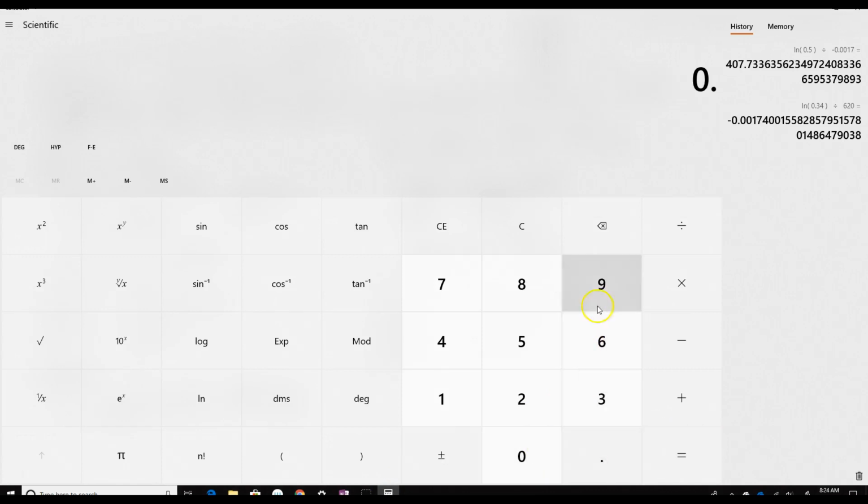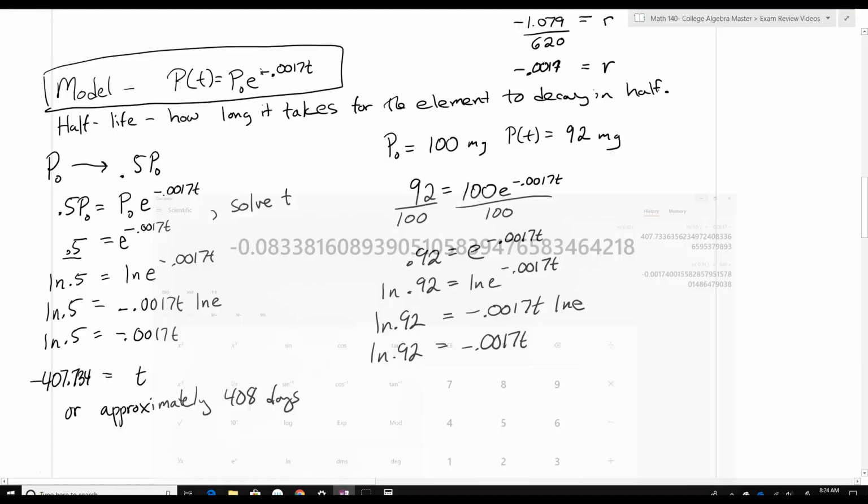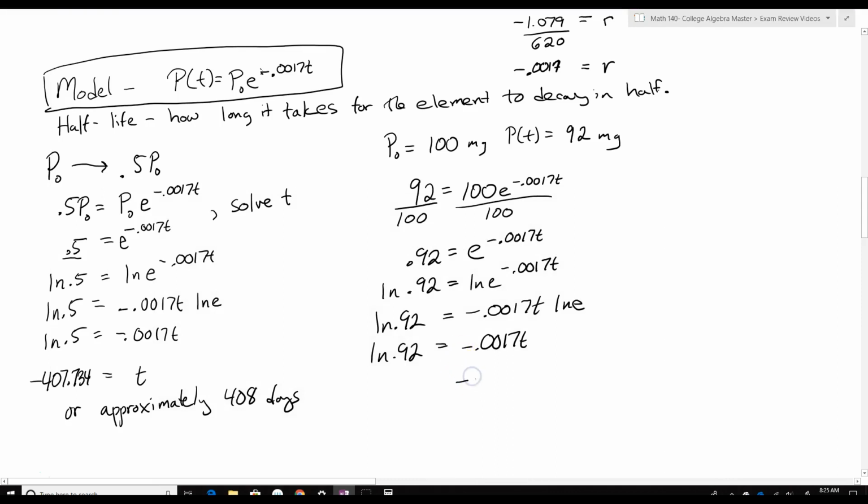Let's use our calculator. We'll take the natural log of 0.92, and that's negative 0.0833. So negative 0.0833 equals negative 0.0017 t, and we'll divide.